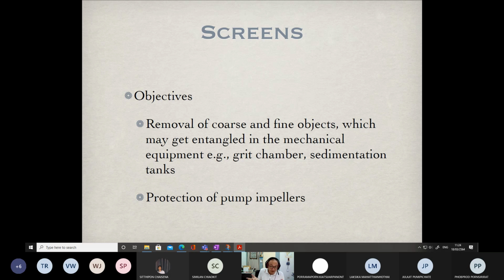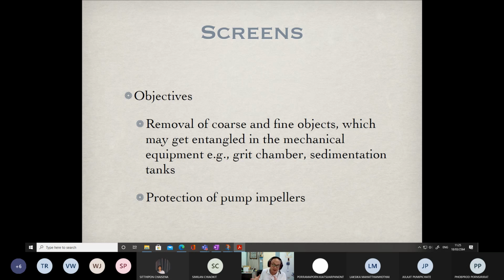If it happens one or two times, it won't create problems. But if it always happens, you will find the impellers may be corroded or damaged. So we have to remove this before entering the pumping facilities.